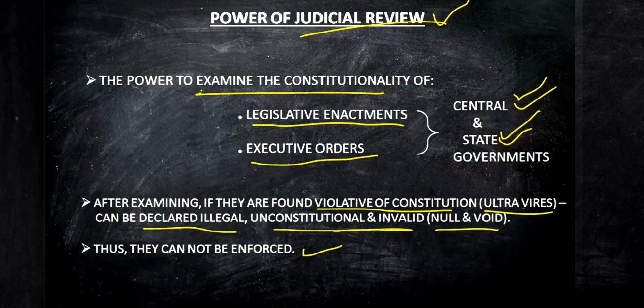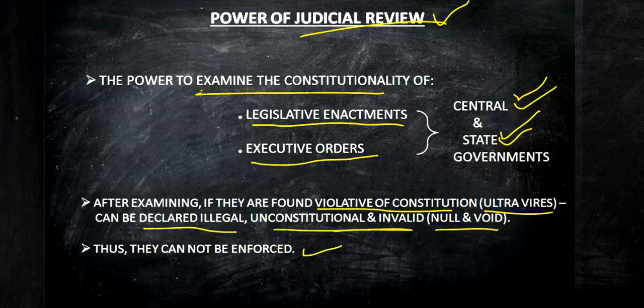Another important issue is that judicial review is nowhere mentioned in our constitution. That means it is mentioned implicitly, not explicitly. Somewhere in some article it is mentioned in clear terms, but nowhere is it called judicial review; we are calling it judicial review.